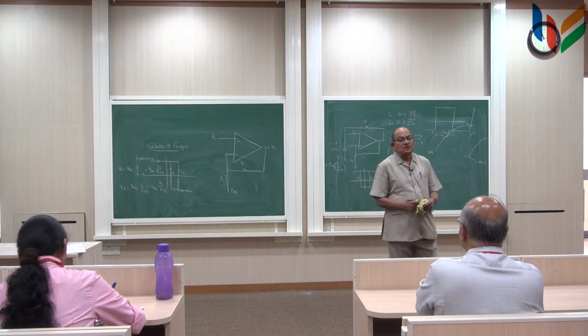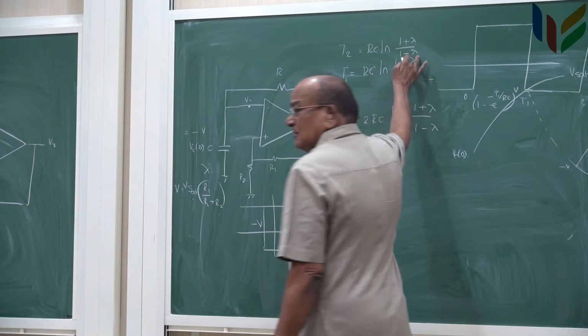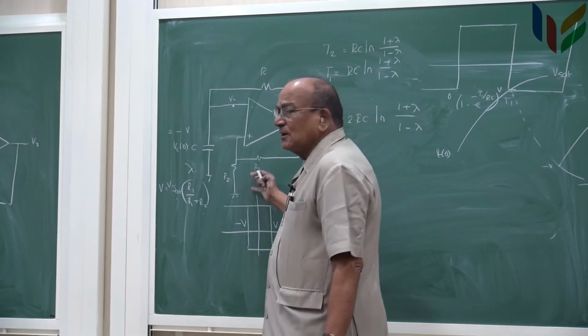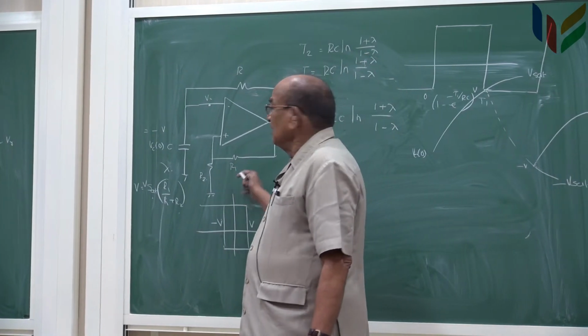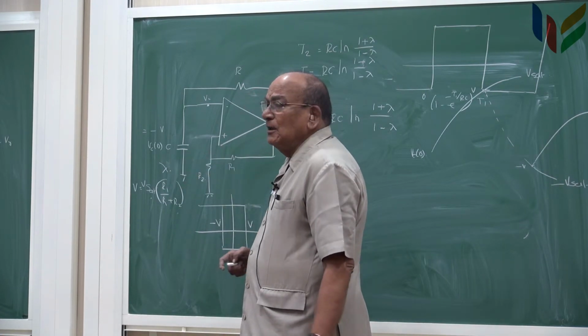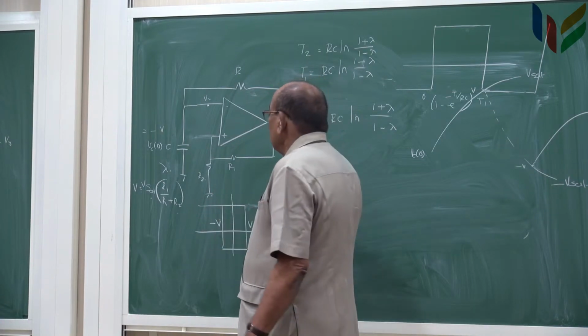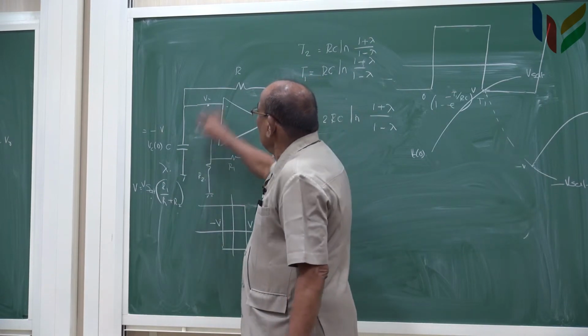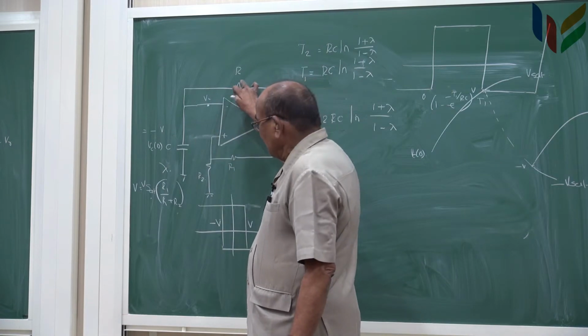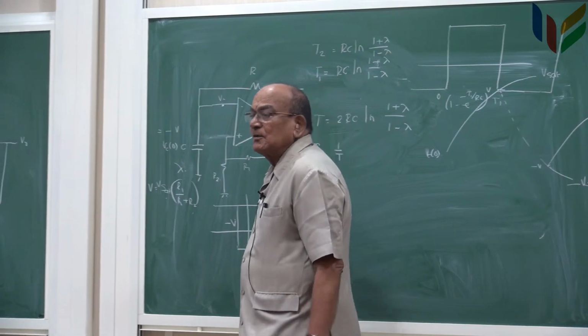Normally we do not want to change this lambda because of the prefixed resistors, I do not want to change them. So this is kept constant. So to change the T, either T1, T2 or a square wave, you only change the value of resistance and capacitance and the reference here externally.